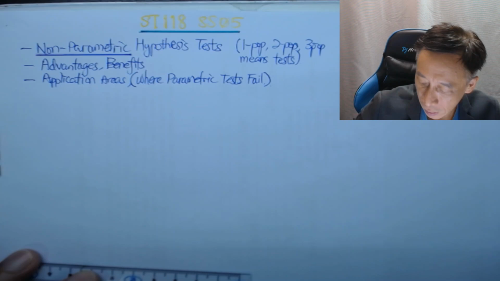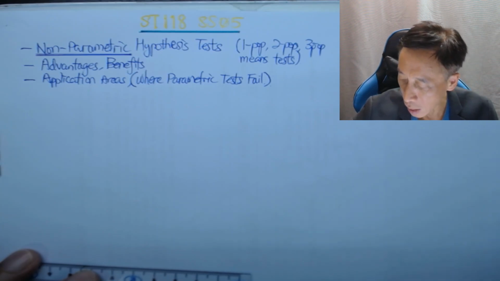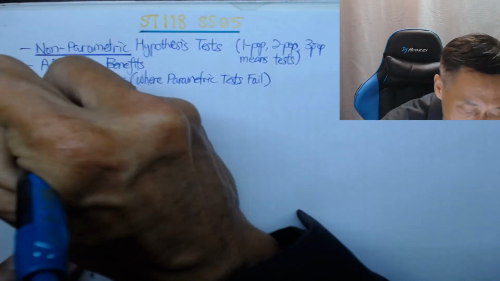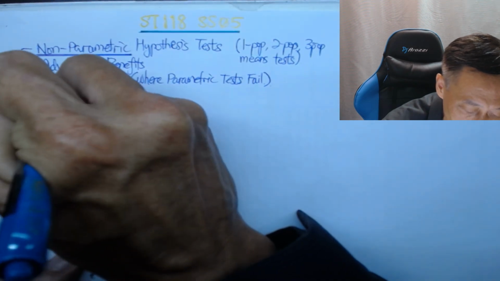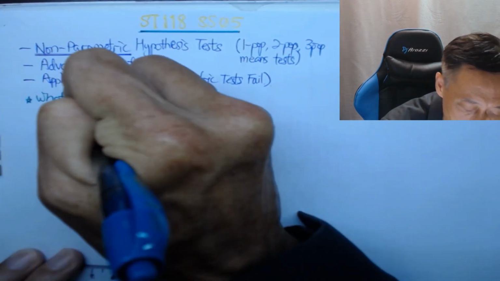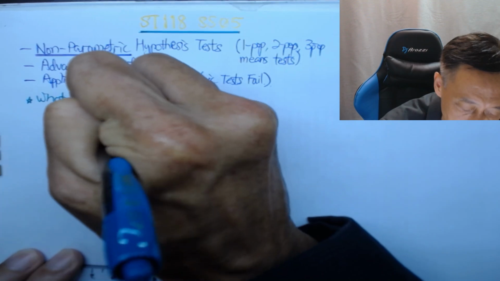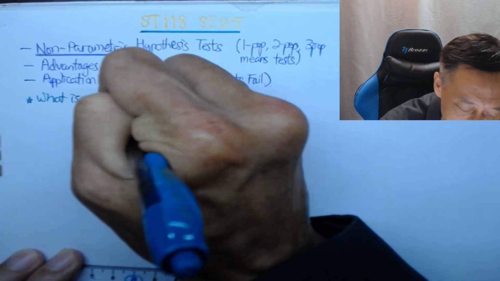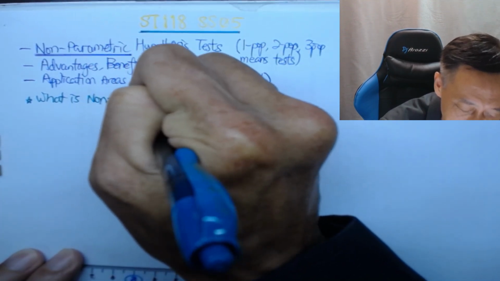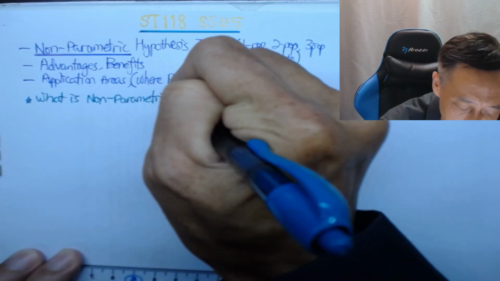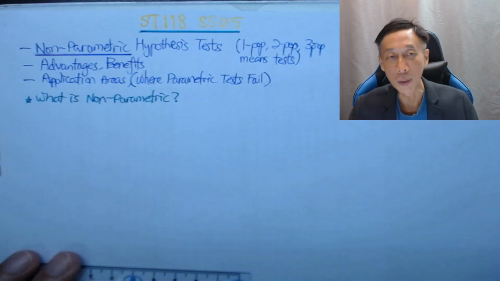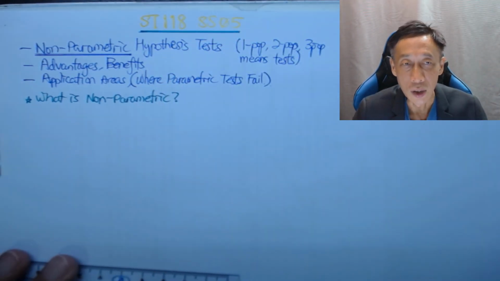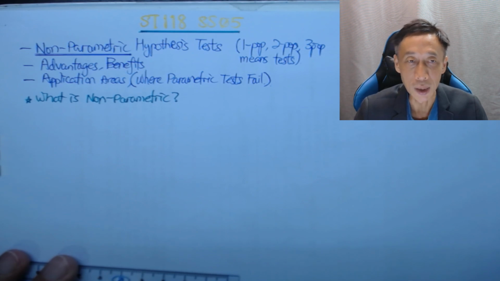So let's begin by asking ourselves, what is parametric? What is non-parametric, since this is our subject today, as opposed to parametric? Non-parametric means there is no parameter. Remember what a parameter is?